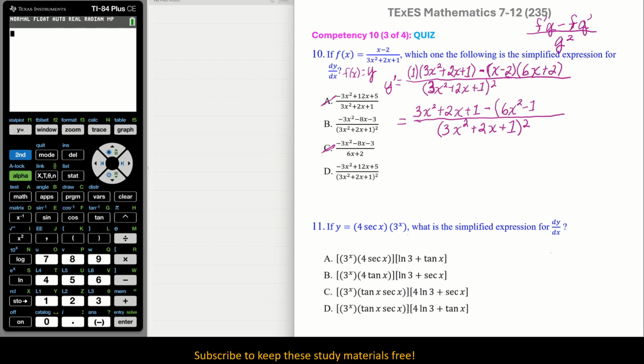Yes, we have minus 10x, because negative 12 plus 2 is minus 10, and this gives us minus 4.